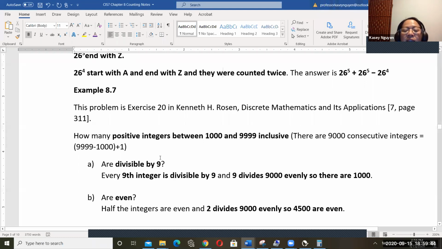So if it asks you how many positive integers between 1,000 and 9,999, then you simply take 9,999 minus 10,000 plus 1, okay, which gives you 9,000.